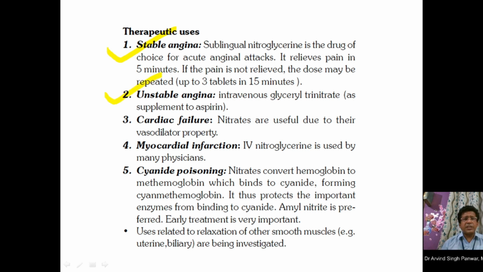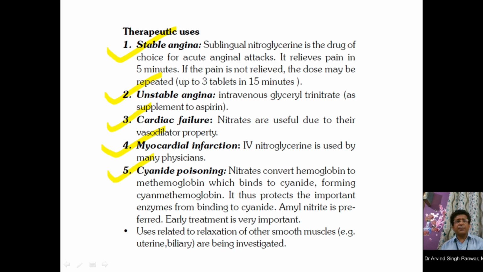Second one is unstable angina: intravenous glyceryl trinitrate as a supplement to aspirin. Then cardiac failure: nitrates are also useful due to their vasodilator property. Myocardial infarction: IV nitroglycerin is used by many physicians to control myocardial infarction.